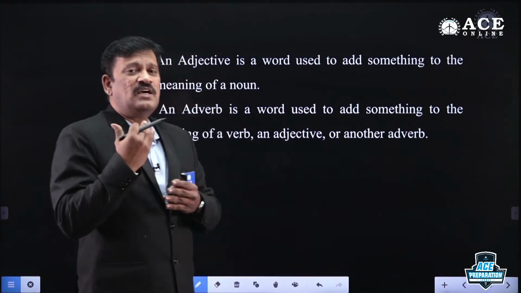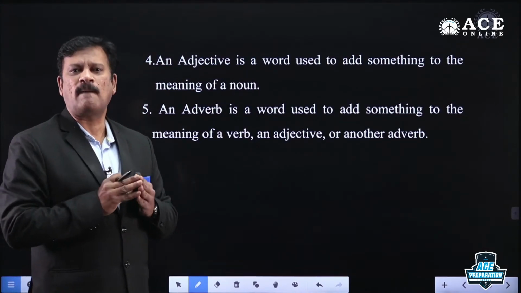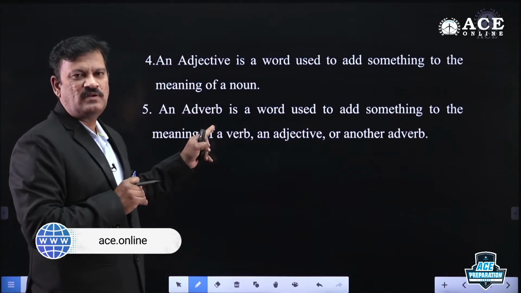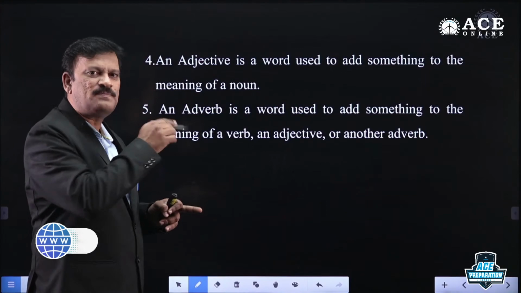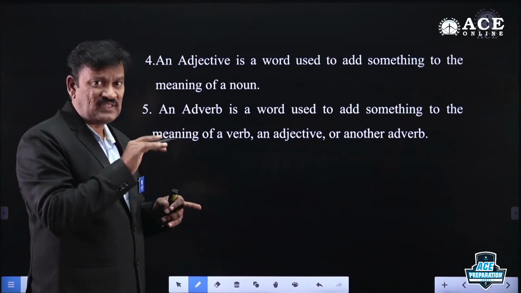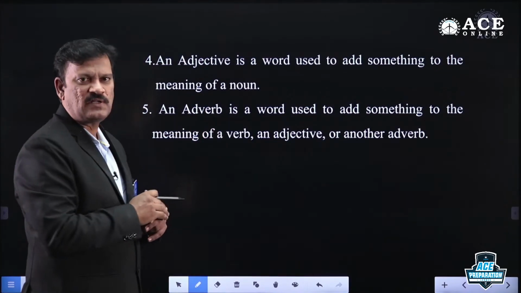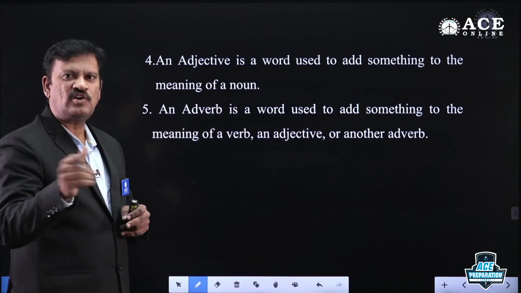As I said, adjective is always following this noun or pronoun. Now remember, adverb can be with any word except this noun. I'm talking about 4 characters. Adverb can talk about any word except this noun. This conjunction, preposition, interjection are not in the mainstream.